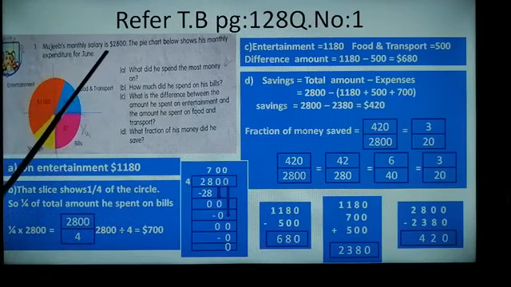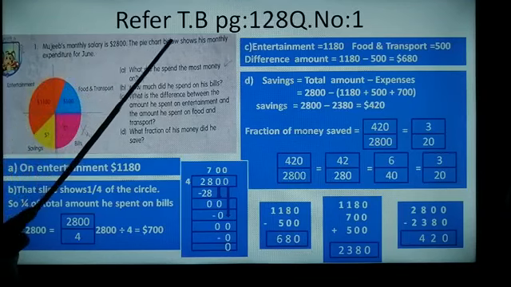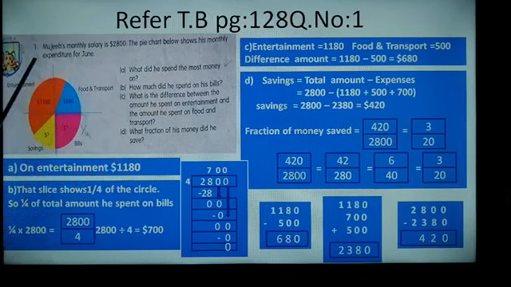Mujib's monthly salary is $2,800. Okay. The pie chart below shows his monthly expenditure for June. So this pie chart is about a monthly salary. Whose monthly salary? Mujib's. Mujib's monthly salary pie chart is given here.